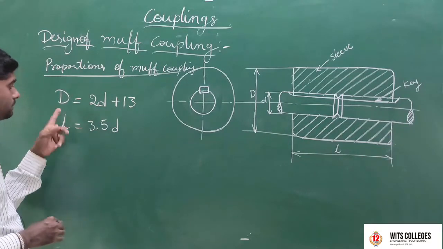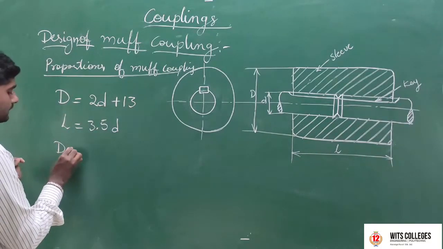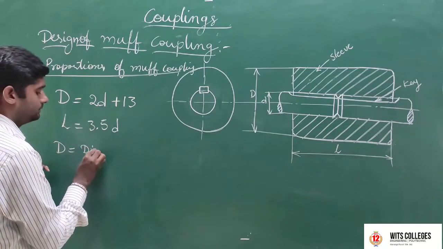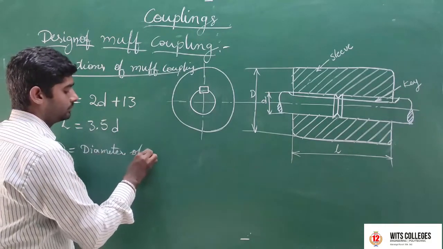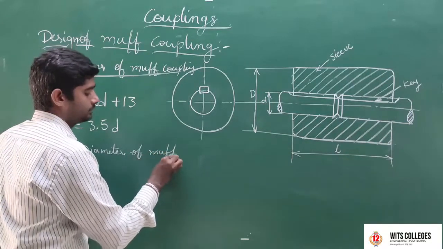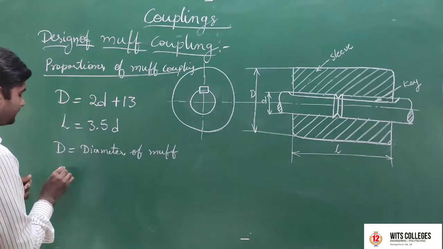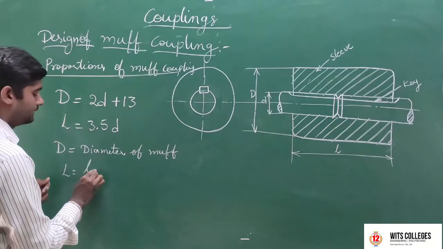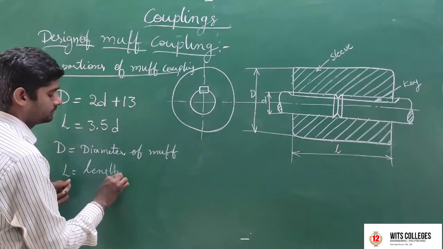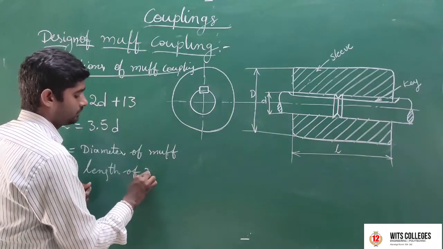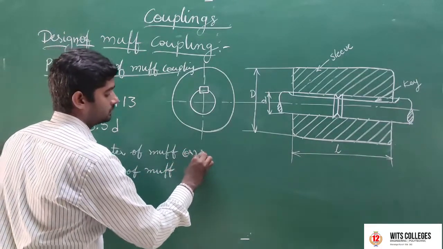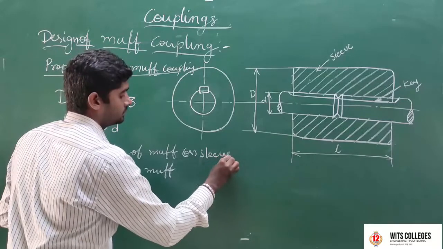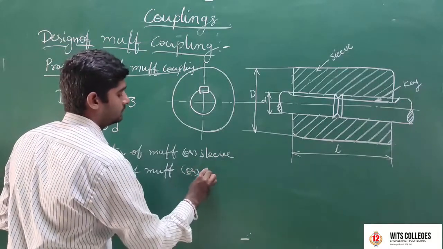In these standard proportions, D is the diameter of the muff, and L is the length of the muff or sleeve.